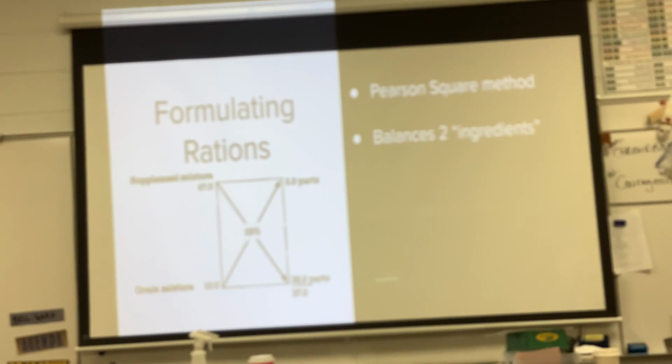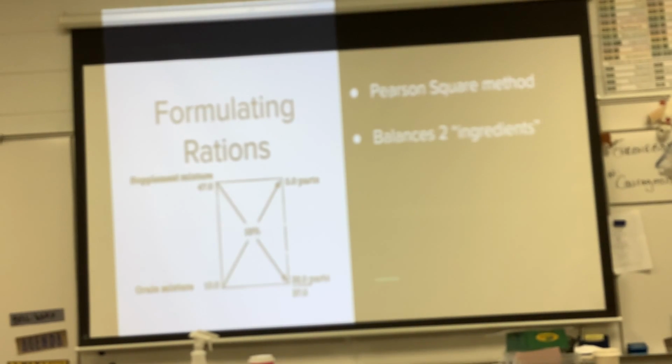So a Pearson square is going to allow us to balance two ingredients. And these ingredients, we're generally going to be looking at a supplement and a protein, a supplement and a grain. So we'll have those two different things, a supplement and a grain, in these cases that we're looking at.